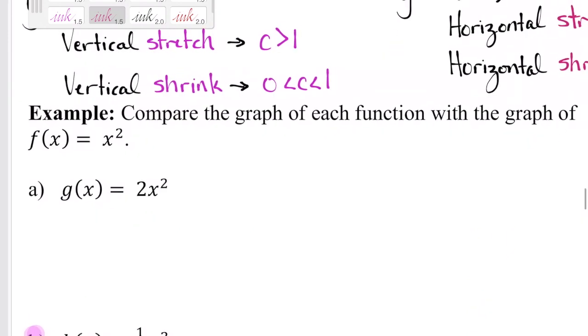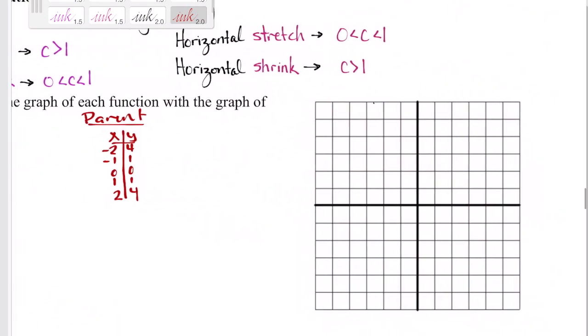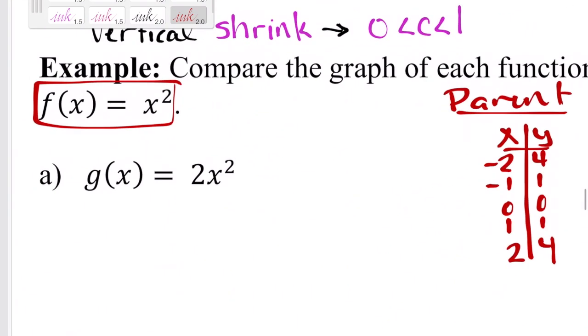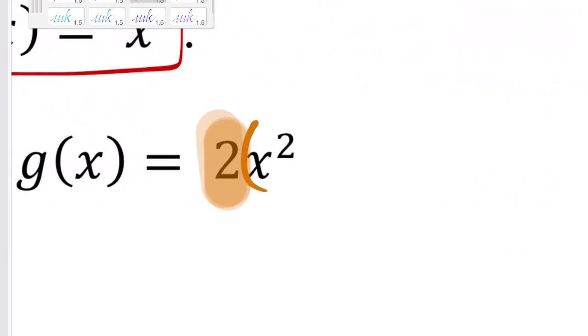So here, our original parent function is just this x squared. So I'm going to graph that real quick. And so the one that I'm going to go over here online is I have a 2 multiplying in the front. So that means I'm going to be dividing all of, or no, it's multiplying on the outside. So we have the square completely all on its own.